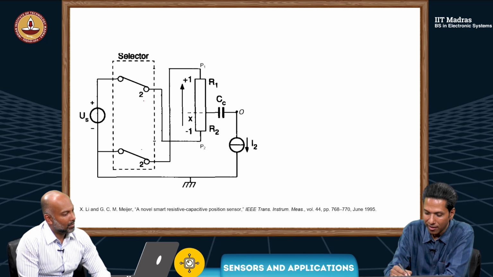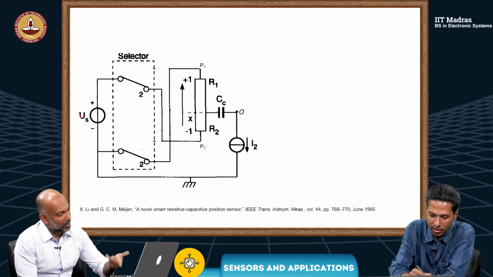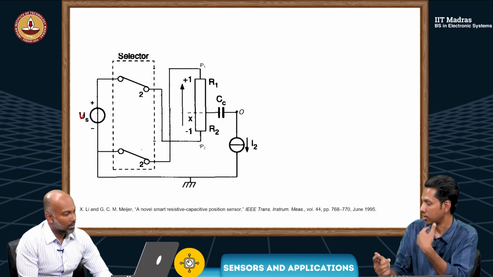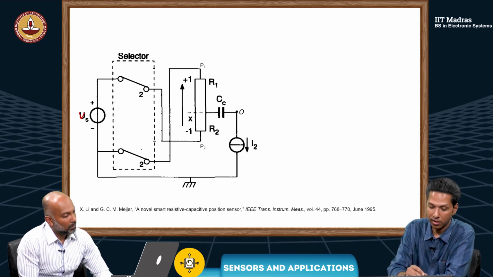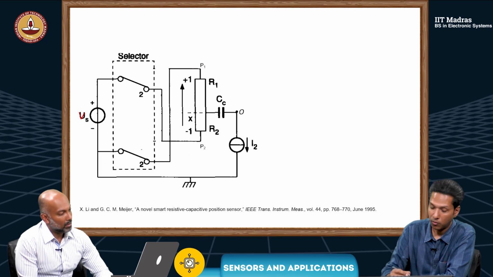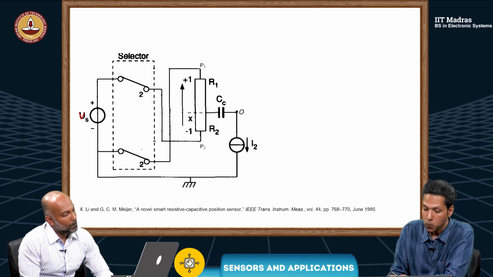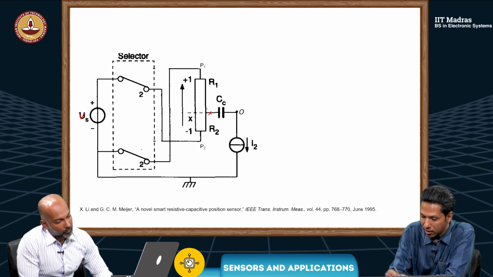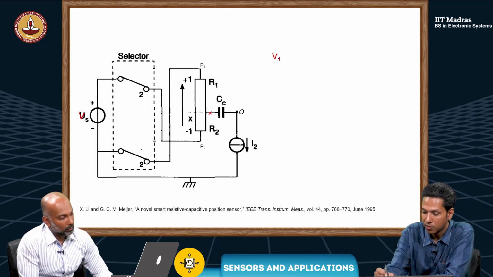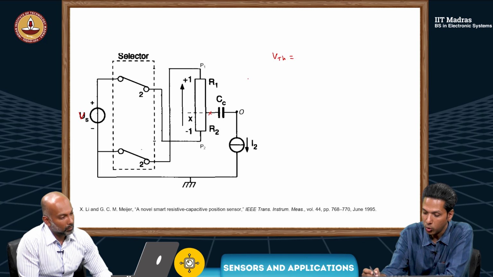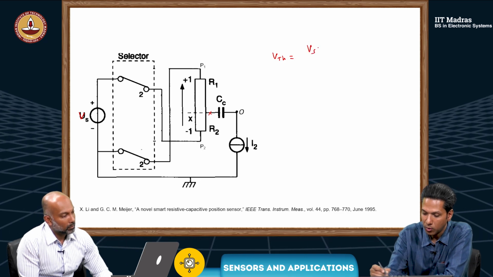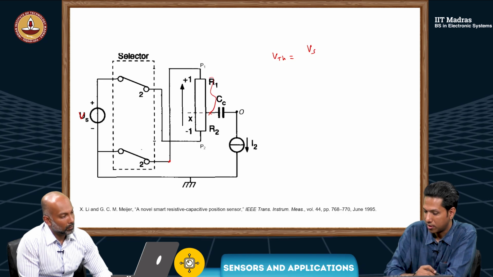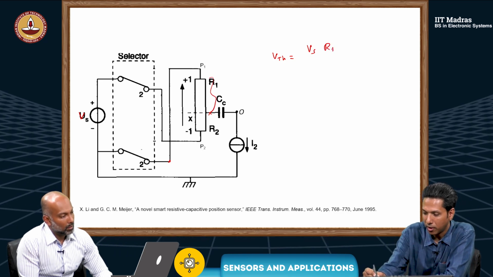So basically, the same excitation Vs, but now we flip it, giving it to P1 and P2 interchanged. Now P1 is at a negative voltage and P2 is positive. Again, we apply open circuit here and see the VTH. VTH now is Vs into R1 by R1 plus R2, because this is at ground now.